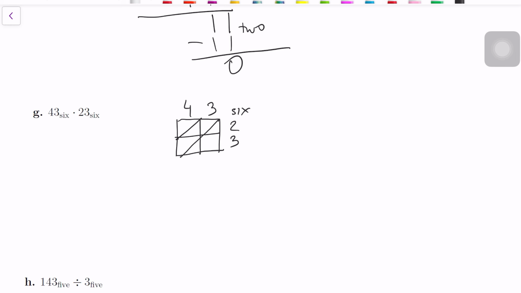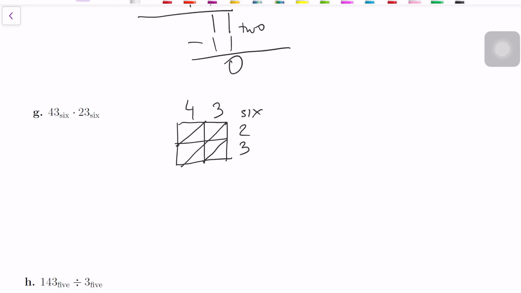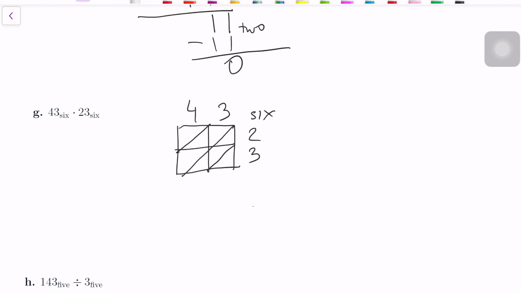And so we're recording number of units on the bottom, and on top number of 6s. So let's do 2 times 3 is 6. So 6 is 1 0, 1 six, 0 units. 2 times 4 is 8, which gives me 1 six, 2 units. Then 3 times 3 is 9, 1 six, 3 units. 3 times 4 is 12, 2 sixes, 0 units.